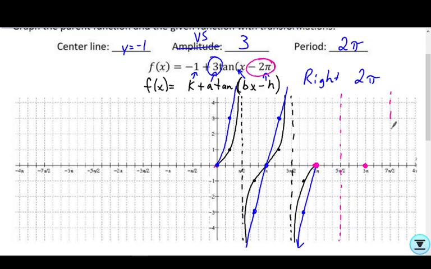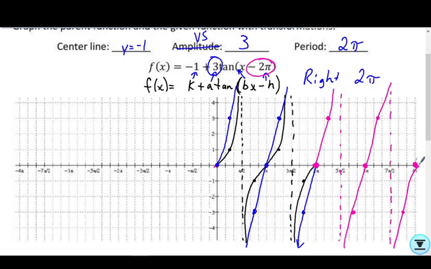My asymptote moves to 7 pi over 2. And 2 pi moves to 4 pi. And then this one, of course, ends up there. -3, +3, -3. So there is my shift.